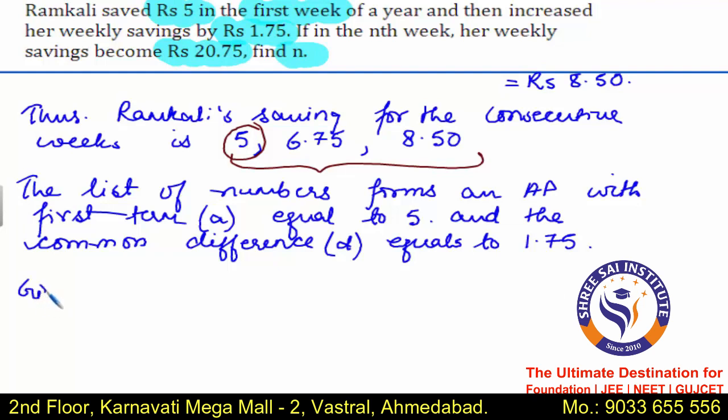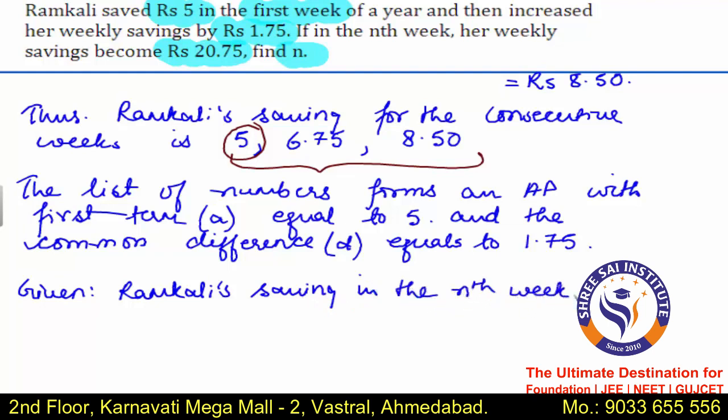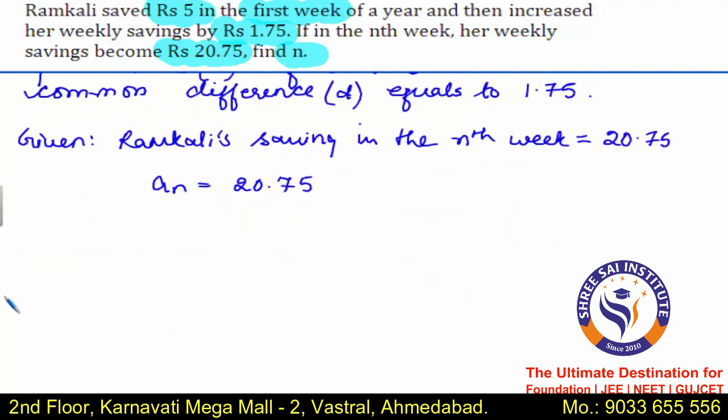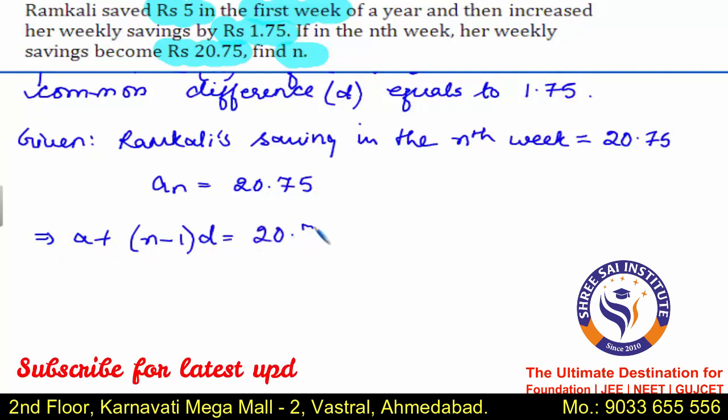Also, we are given that Ramkali's saving in the nth week is equal to rupees 20.75, and we have to find the value of n. That is, a_n is 20.75. This further implies a plus n minus 1 into d is equal to 20.75.